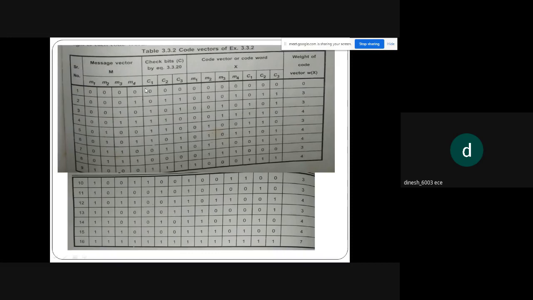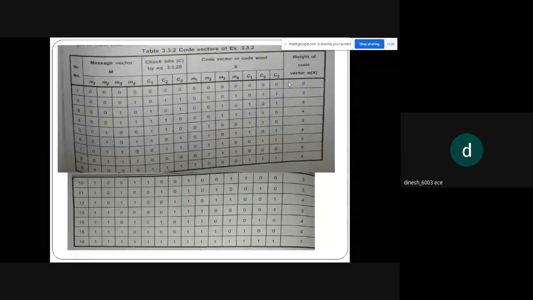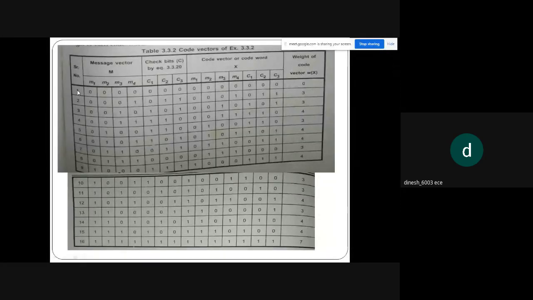Why we are neglecting 0 is that in messages M1, M2, M3, M4, we don't have any message at all to be transmitted, so we cannot find a distance for that, which is having 0 information. So we are neglecting this first serial number. Remaining all, you check the weight for serial numbers 2, 3, 4, 5, 6 and all till 16. What is the minimum weight of the code? So the minimum weight of the code is 3.